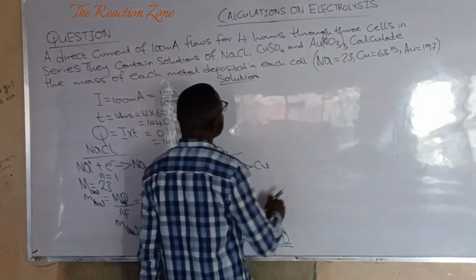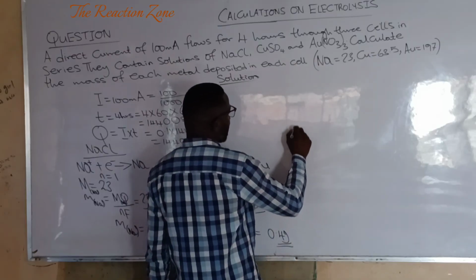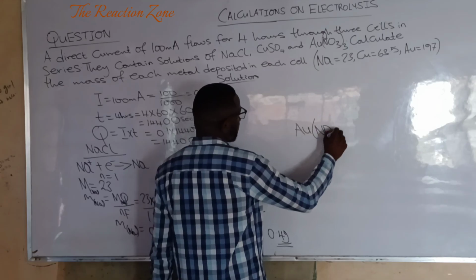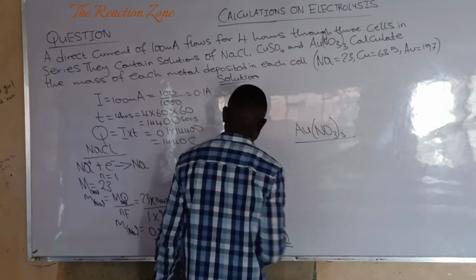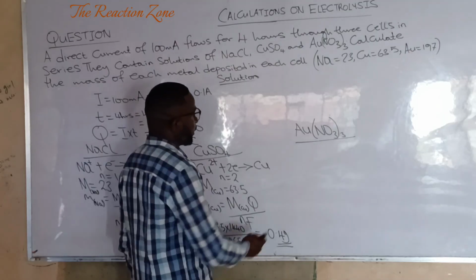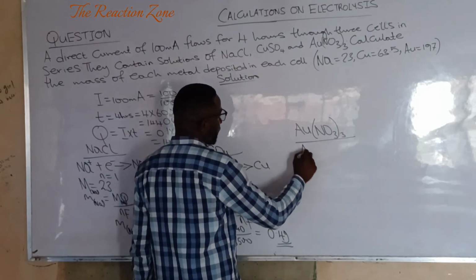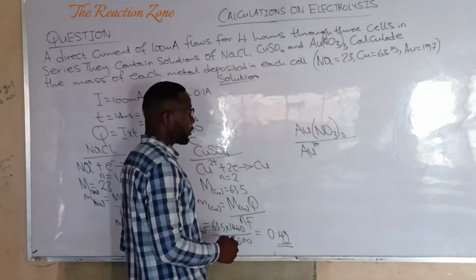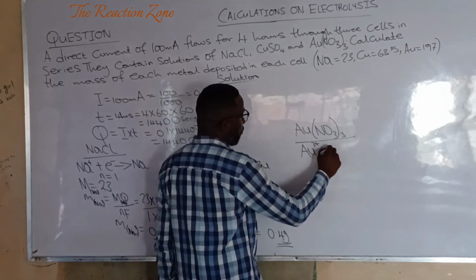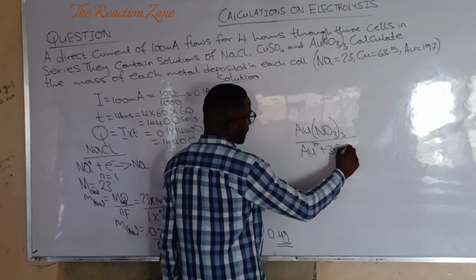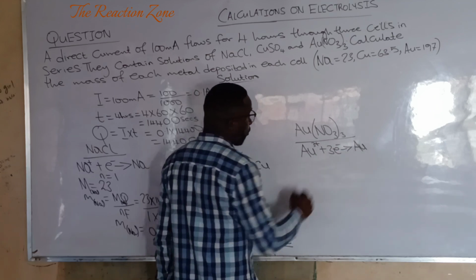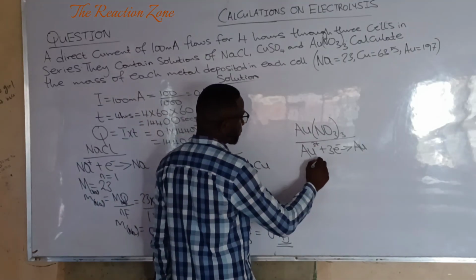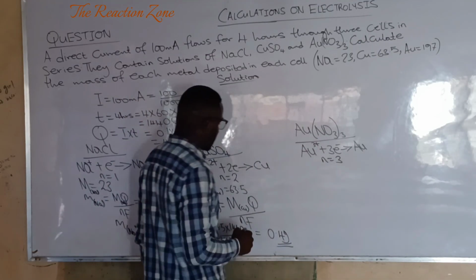Now going to the third electrolyte. The third electrolyte is gold nitrate. Now the metal here is gold. Gold here exists as a trivalent positive ion, Au3+, and it's going to undergo reduction by accepting 3 electrons to give gold metal. So the charge on the gold ion is +3, so the value of n is 3.